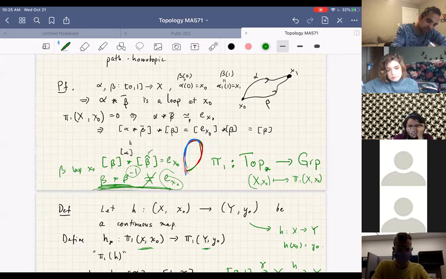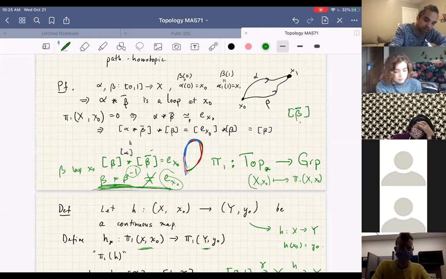Then this bar is something that makes sense for a loop, not a homotopy class. You just reverse the loop, you go backwards. So you could say this is a true equation, I guess.